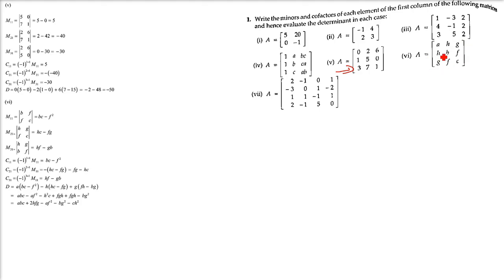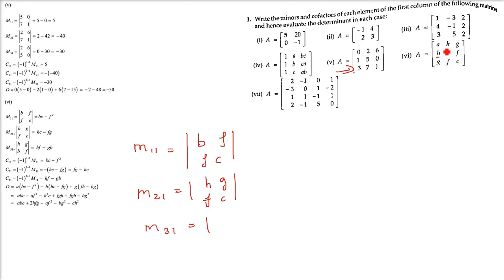This one, let us do it. This sixth one, so I'll just write directly. I'm doing the sixth one, vi. So for the sixth one, we are trying to find the minors here. M11: row and column of A has to be left, only BF, FC will be there. This is M11. Then we have M21, second row, first column, so you have H, G and F, C. Then we have M31, so the third row and first column have to be left, HG, BF will be there.